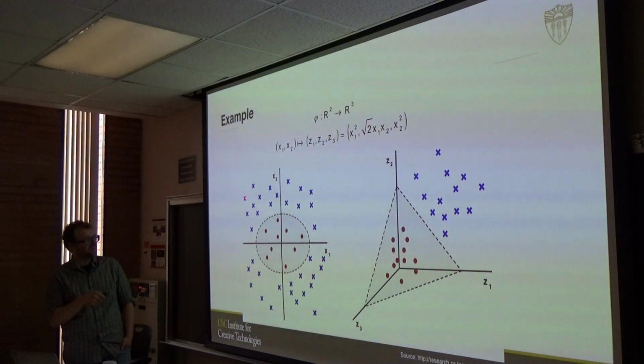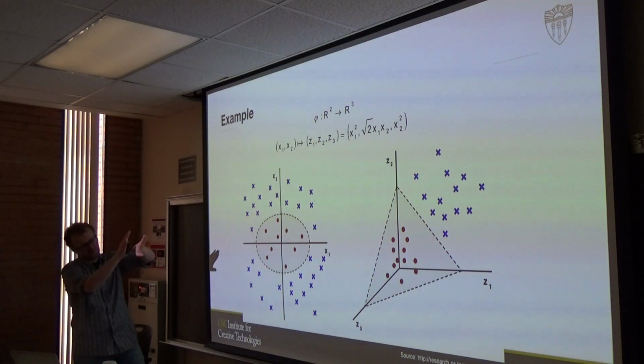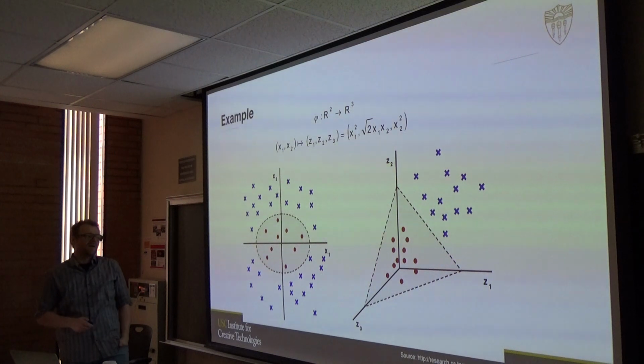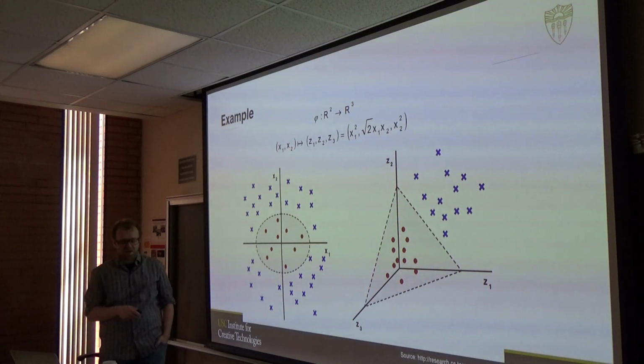So we transform this two-dimensional problem, which has no linearly separable solution whatsoever, into this three-dimensional space, which now has a linearly separable solution with a hyperplane that has two dimensions and goes through this three-dimensional space in this way. It's a nice illustration of how this works.